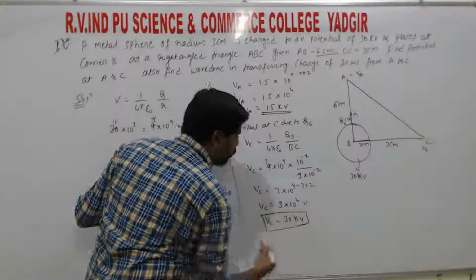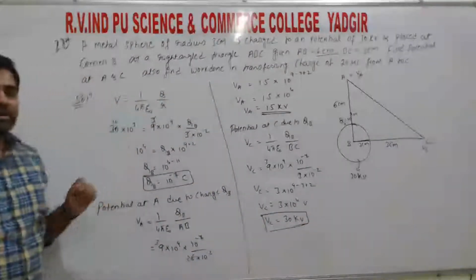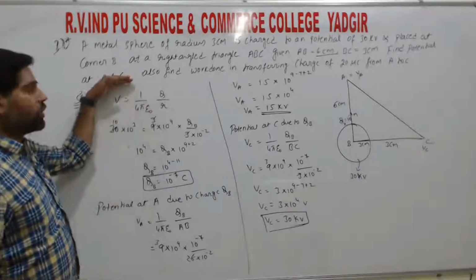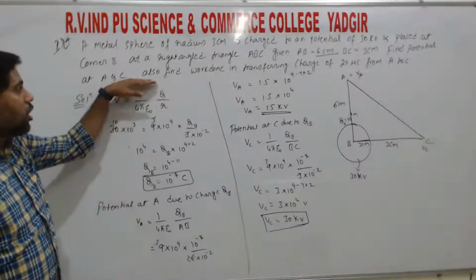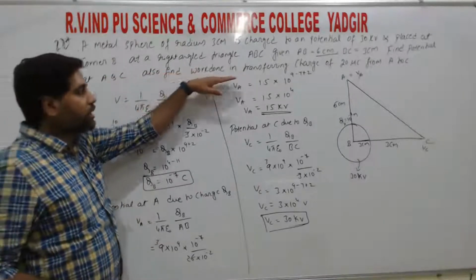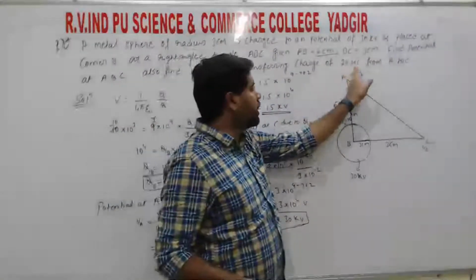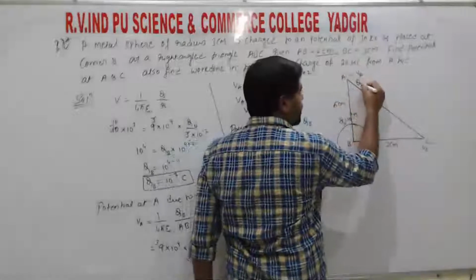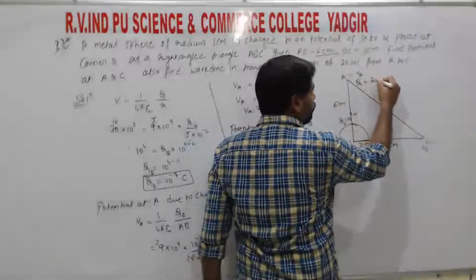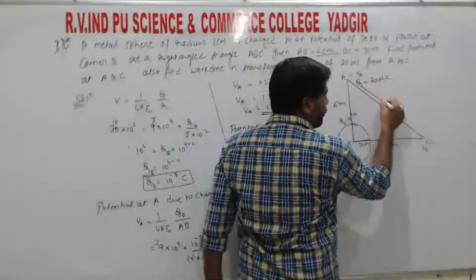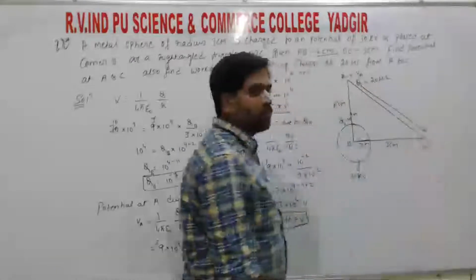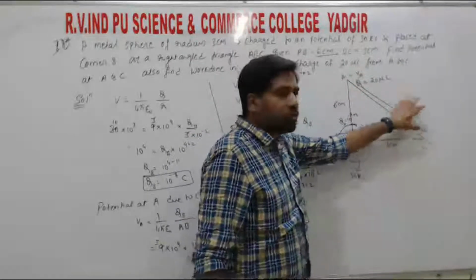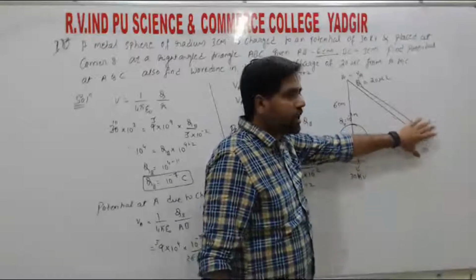So these are the two potentials at A and C, right? So this is for the first case. Next, also find the work done in transferring the charge of 20 microcoulomb from A to C. So here we are transferring the charge, that is Q is equal to 20 microcoulomb, from A to C. So against the field, that means work has to be done.